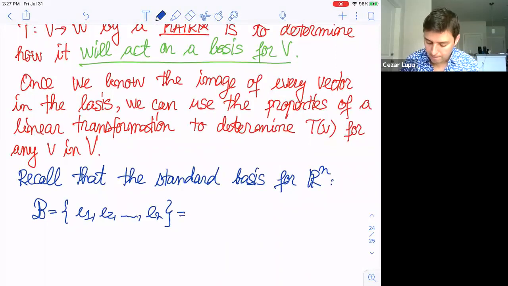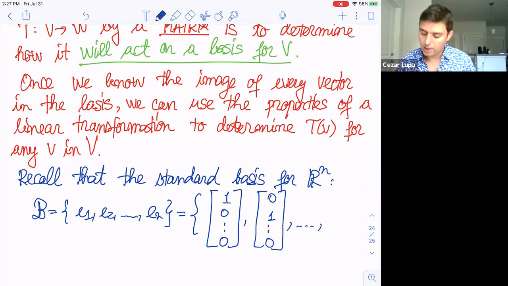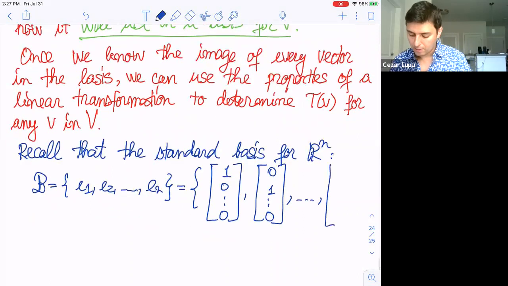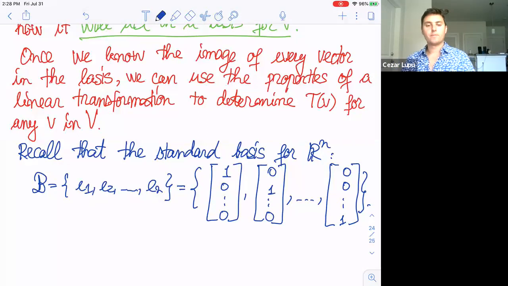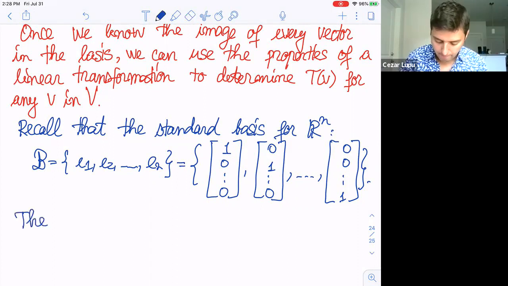And this will be, like I said, these vectors: 1, 0, 0; 0, 1, 0; and we go all the way to 0, 0, all the way to 1, right? So this is the standard basis in Rn. And now we have the following theorem.